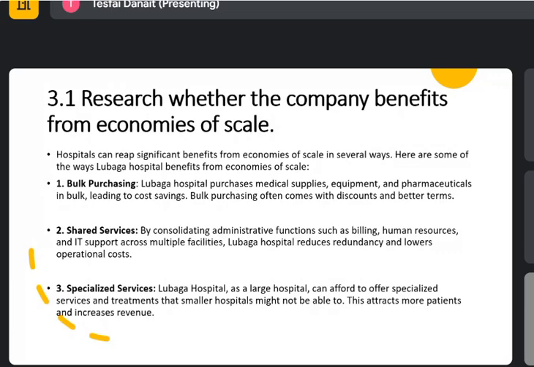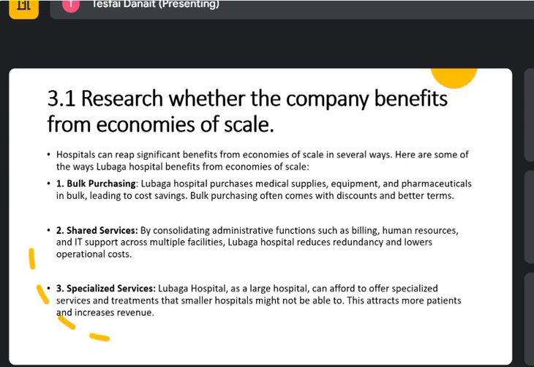So it tries to diversify or specialize its services so that many patients will come to it. And by doing so, it's the same hospital, the fixed costs remain fixed, but different patients are coming. So this way, the revenue can be increased.